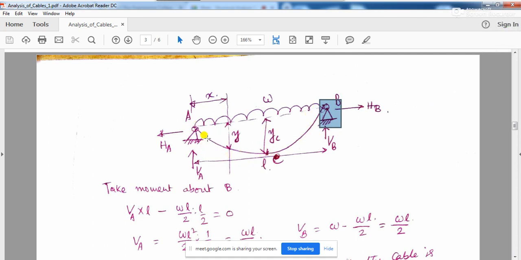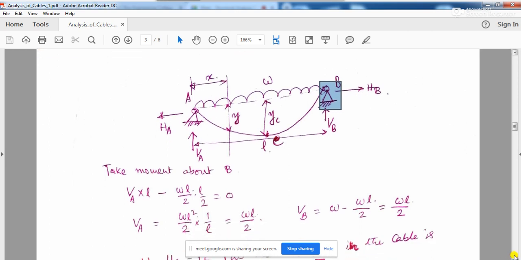In this case, the supports are at the same level. If the supports are at the same level, then the analysis of the cable structure becomes easier, because there will be a vertical reaction and a horizontal reaction at each support.